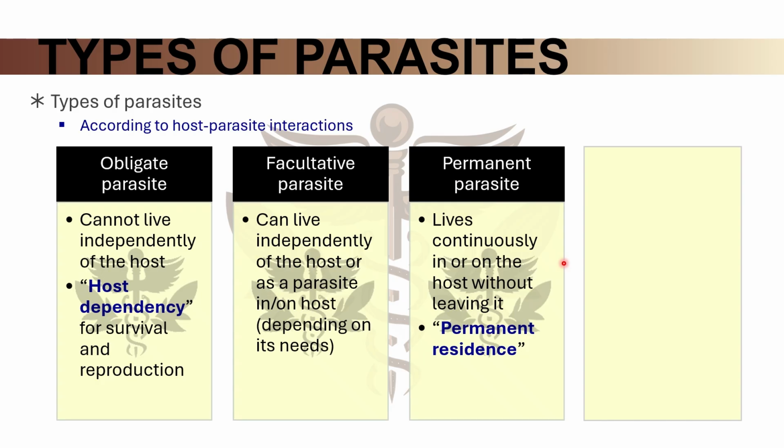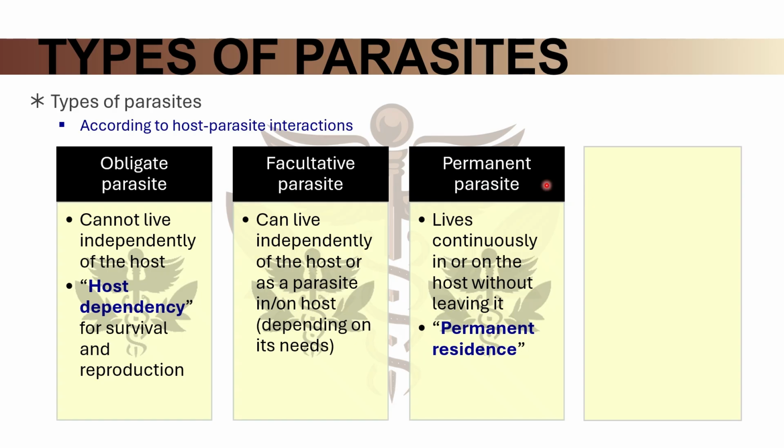This might bring the question, okay, so what's the difference between obligate parasites and permanent parasites if they both depend on the host? Remember that we said that once obligate parasites are established in or on the human, they completely depend on them, but they don't necessarily have to spend their entire life associated with the human body. It's just that whatever they do, they depend entirely on the human.